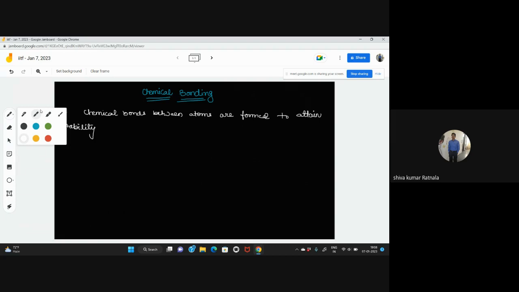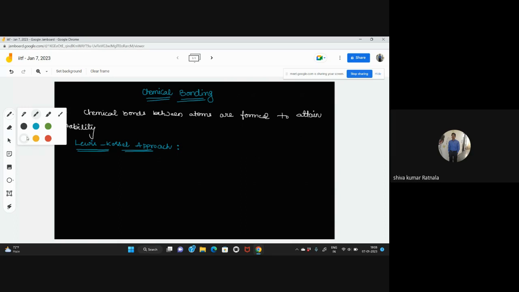Out of that, the first and the best attempt was Lewis and Kossel's approach. So what is Lewis and Kossel's approach?